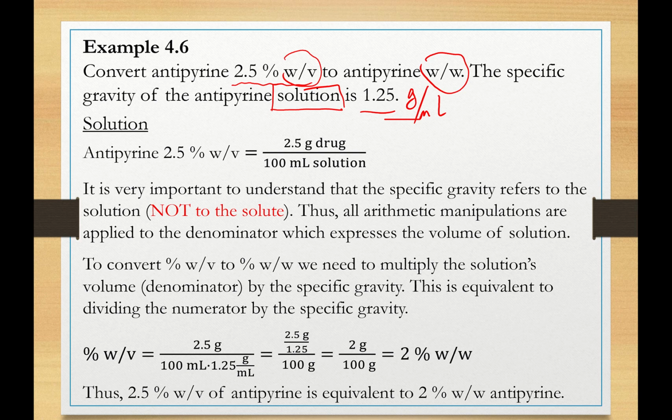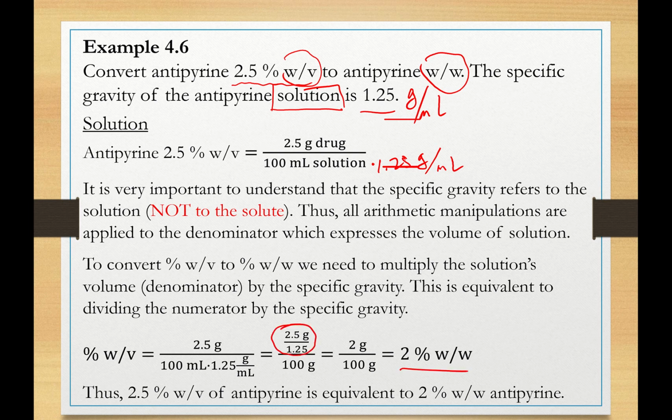So the 2.5% weight per volume is 2.5 of drug over 100 ml of solution. And if I'm going to convert this into weight per weight, I'm going to have to multiply the density of the solution to the denominator. I have to apply it to the denominator. And because I want to keep my denominator as 100, I'm going to divide the numerator here.